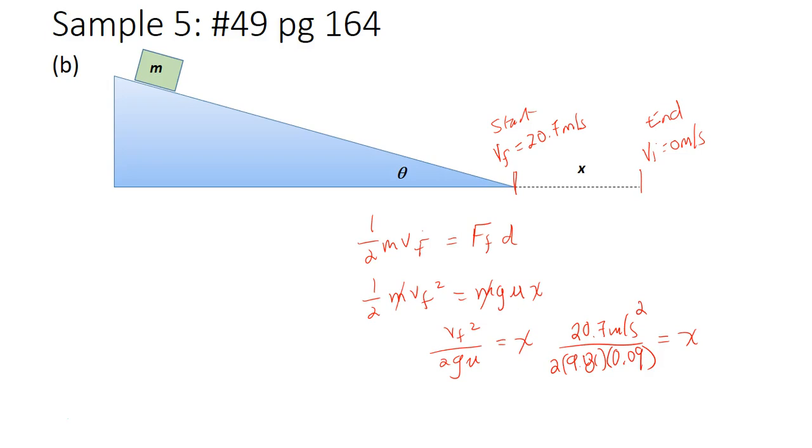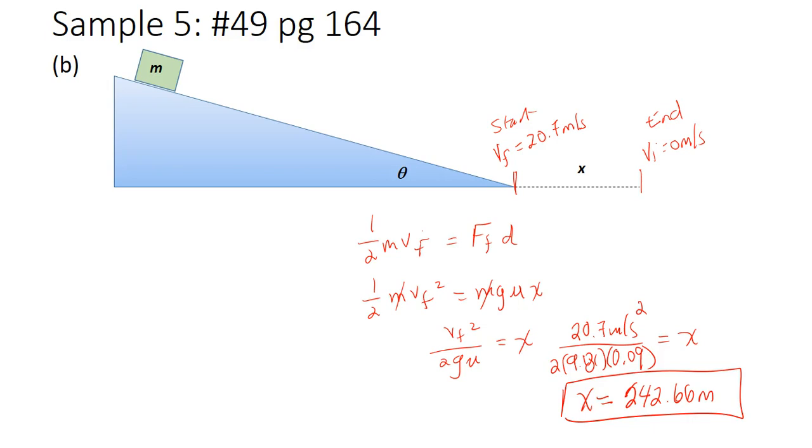Let me try that again. 20.7 squared divided by 2 divided by 9.81 divided by 0.09. There we go. Perfect. How far did it go? It went 242.66 meters, like that. That is actually the easiest way to solve that.